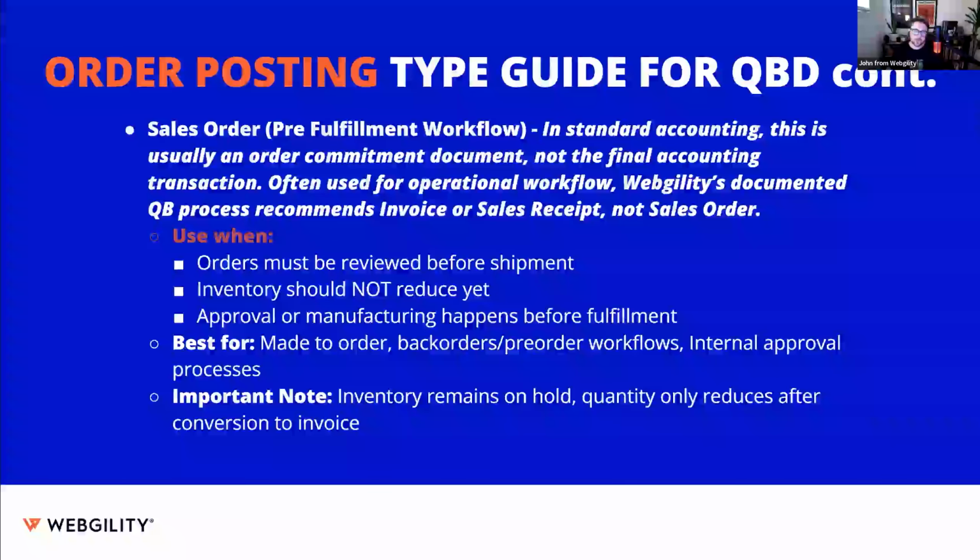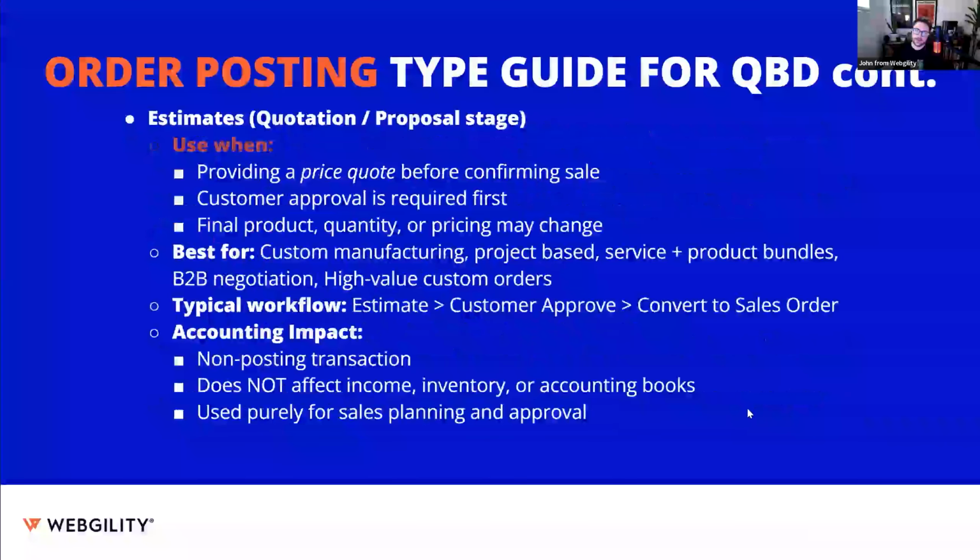Yeah. So sales orders aren't generally impacted by Webgility, right? It's something that happens before an actual order or transaction confirmation takes place. And estimates are very similar in this way. Estimates are a price quote.